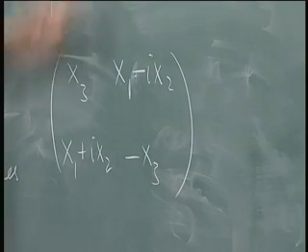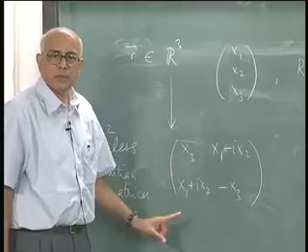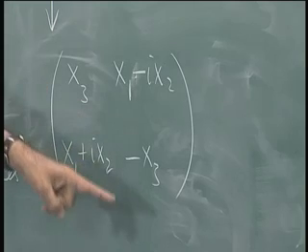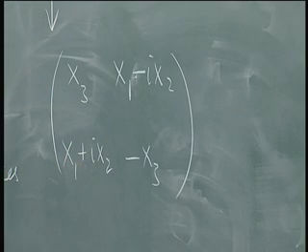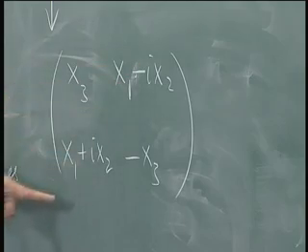It is clear that for every given x1 x2 x3 there exists a matrix of this kind and vice versa. This matrix is traceless, and it is Hermitian because it is equal to its complex conjugate transpose. x1 x2 x3 are real numbers between minus infinity and infinity.